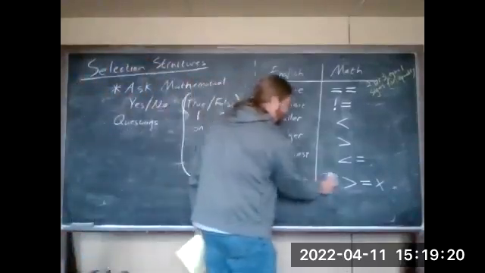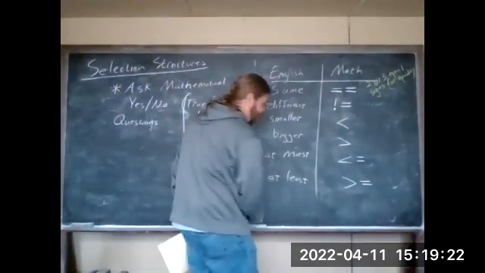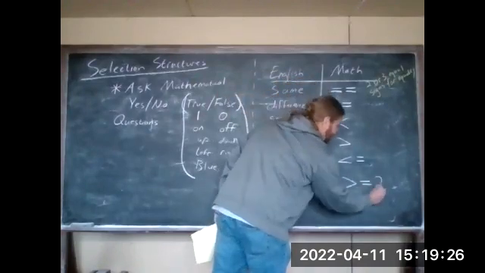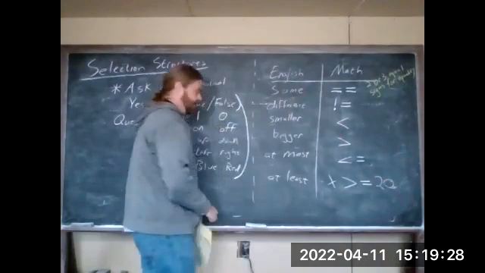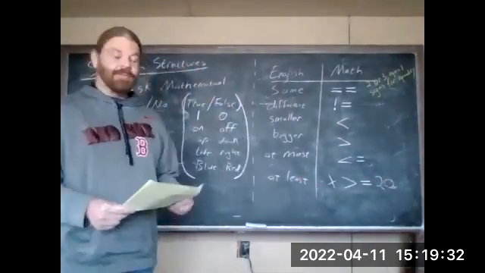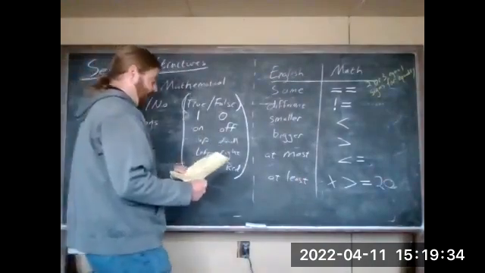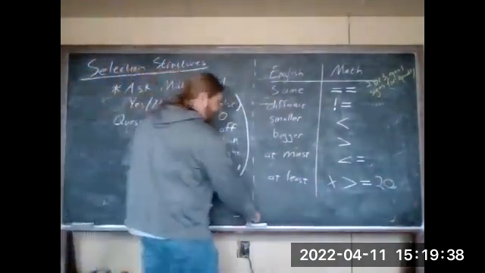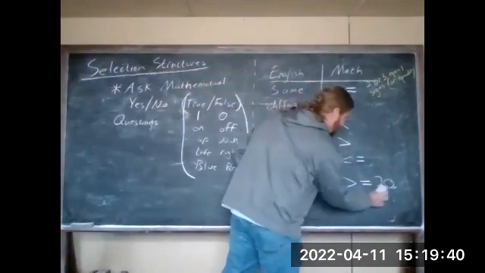Whoops, I wrote that backwards. They're not going to say grab something greater than or equal to 20. They're going to say grab at least 20. So more than 20 would be fine, but nothing smaller than 20. So sometimes the English words can be helpful.